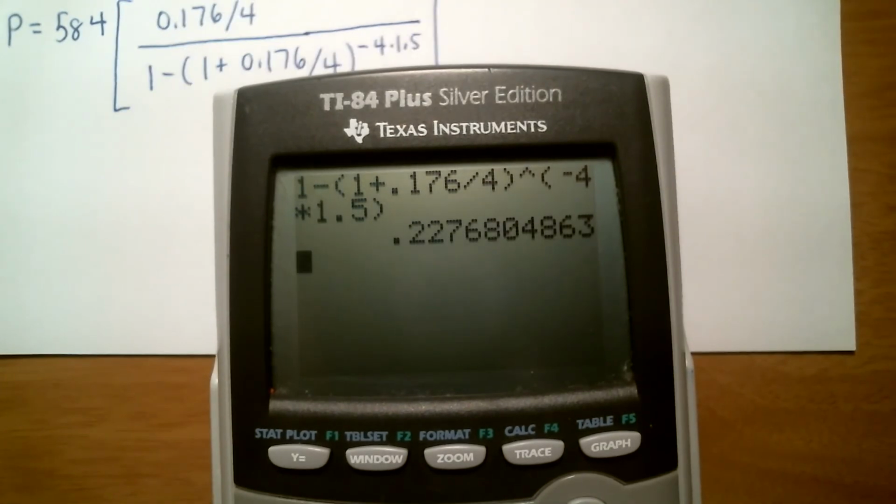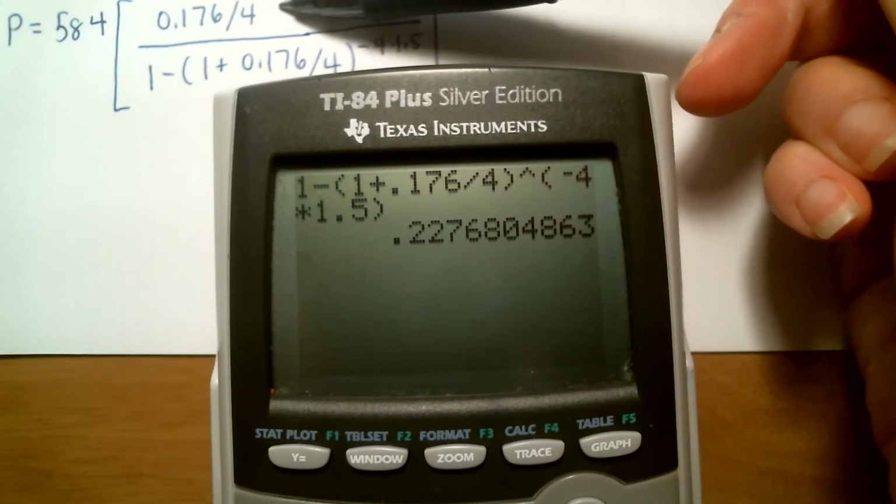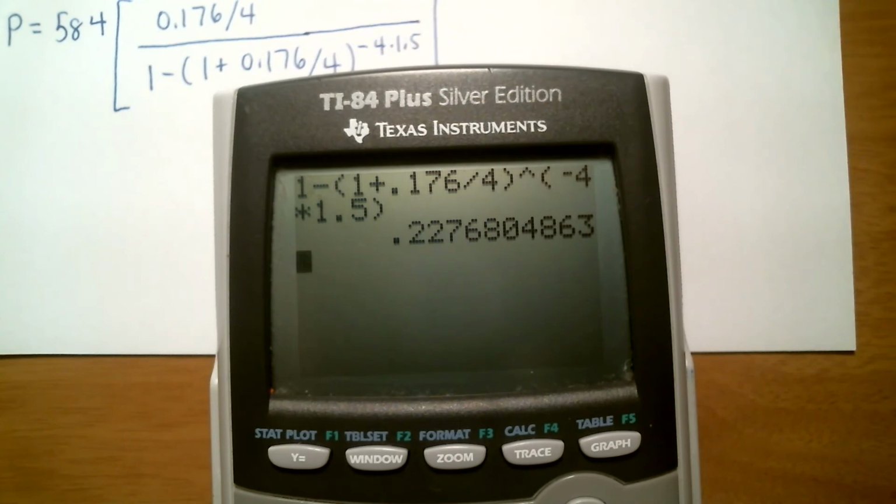That's the denominator. Now I'm going to go back to the numerator and put it in parentheses: 0.176 divided by 4, close the parentheses. That's the top. I want to divide by the denominator.